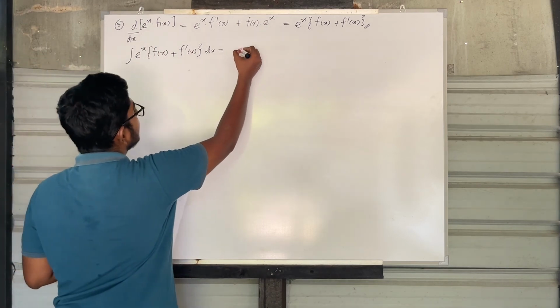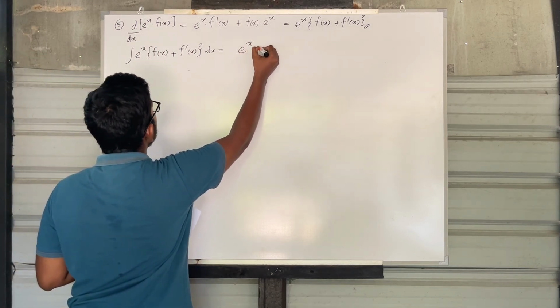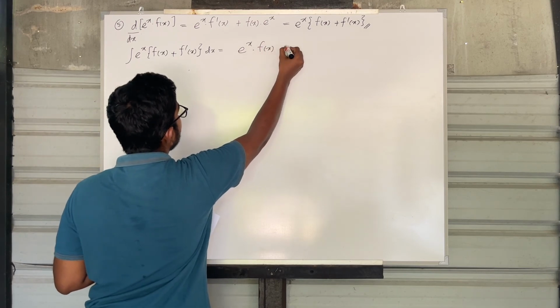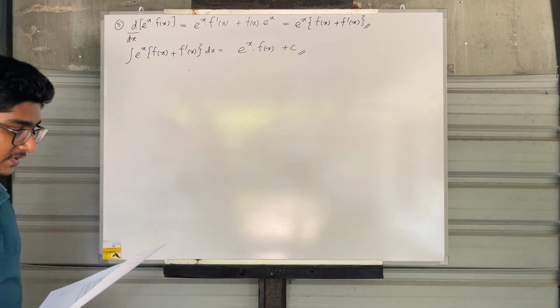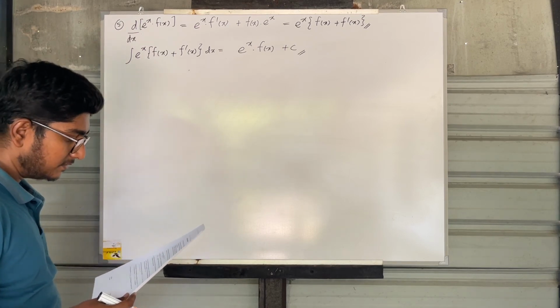Hence නේ. එහෙනම් කෙලින්ම ආන්සර් එක ලියන්න පුළුවන් e to the power x f of x plus arbitrary constant c.